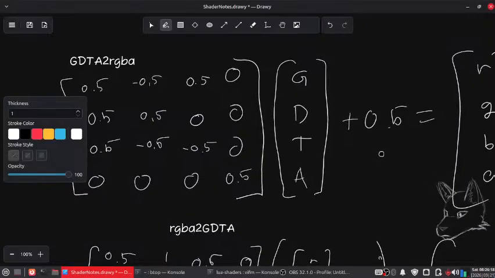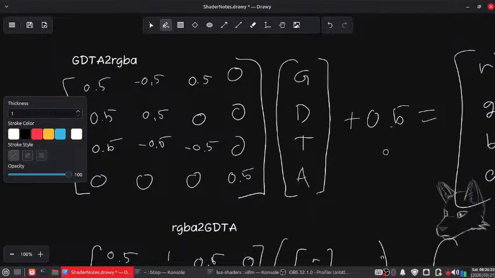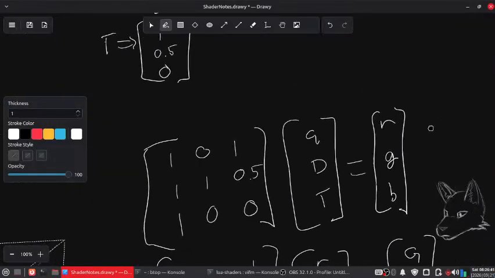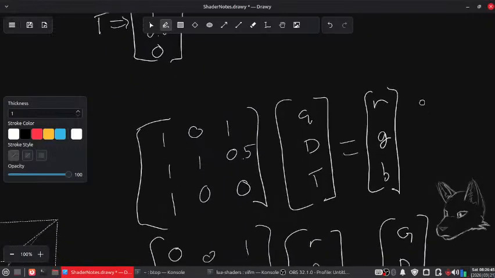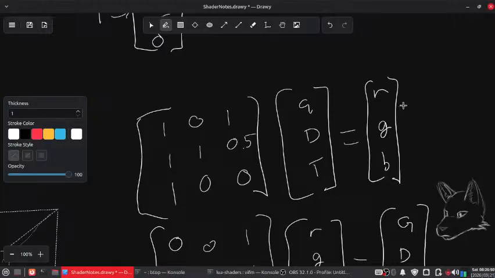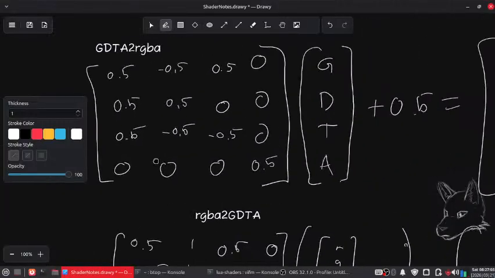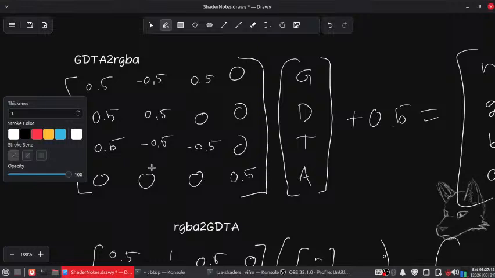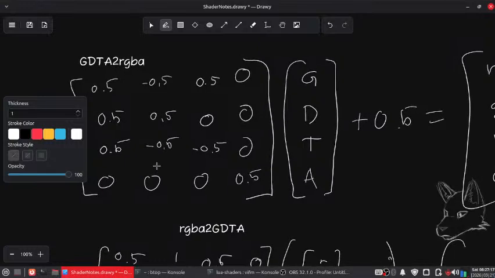So red is, huh? G. G is on. Red. So full red would be, what is red?